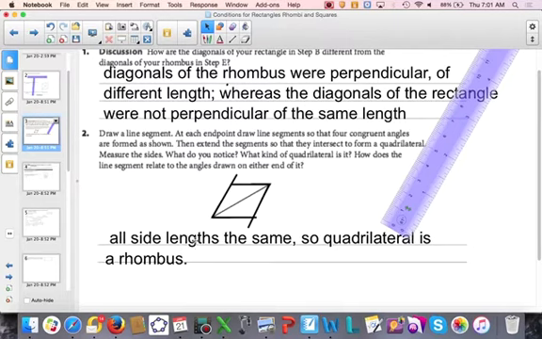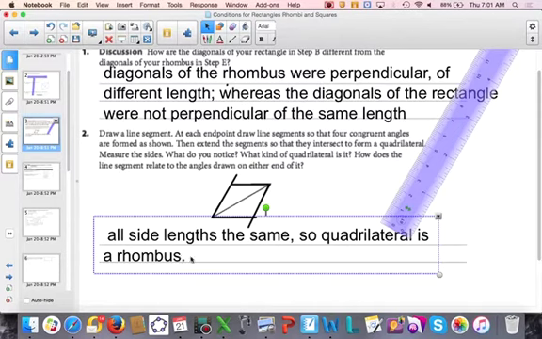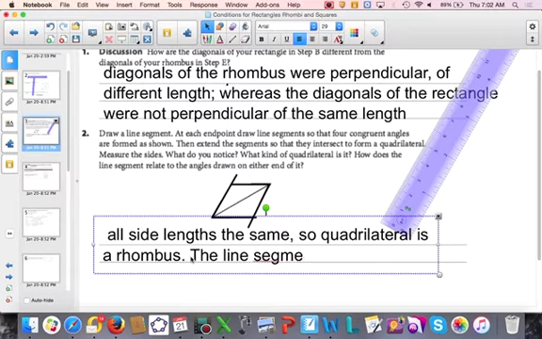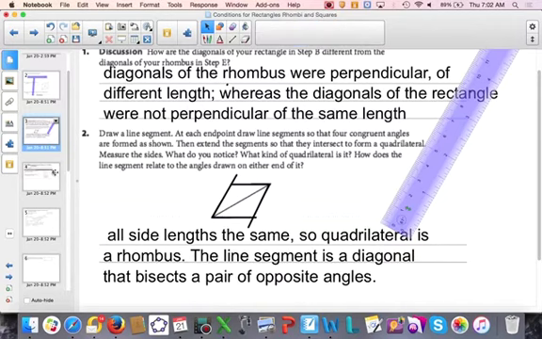And so what ended up happening is that the angles got bisected. So the line segment is a diagonal that bisects a pair of opposite angles.